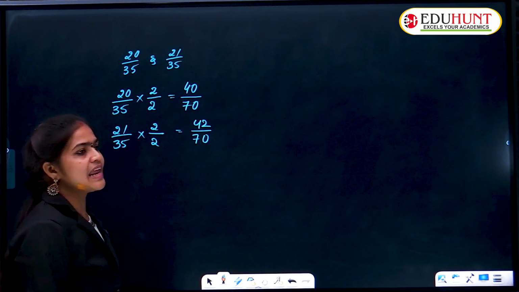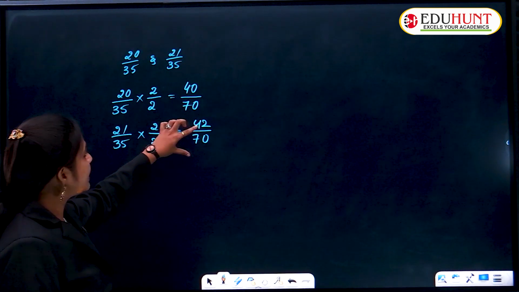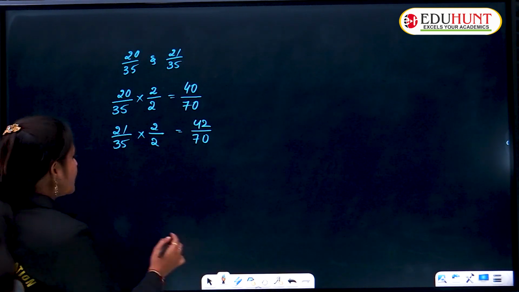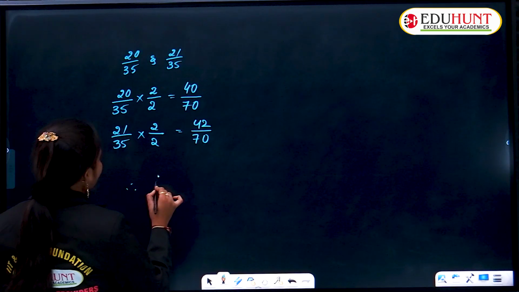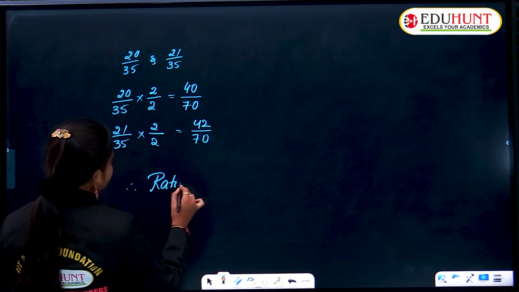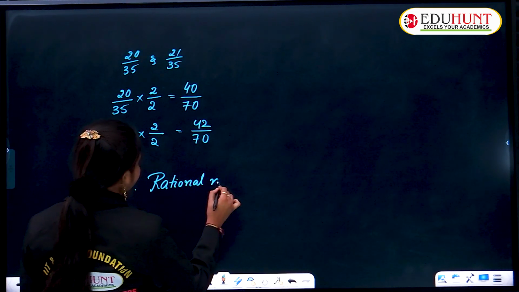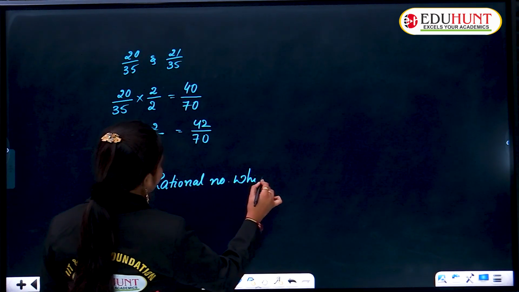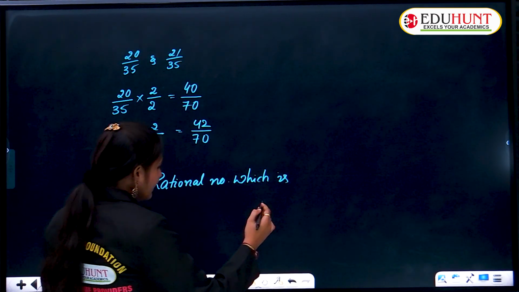Which number lies in between 40 by 70 and 42 by 70?